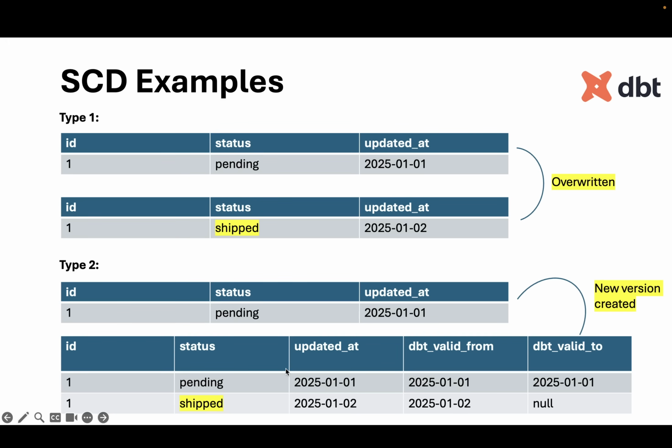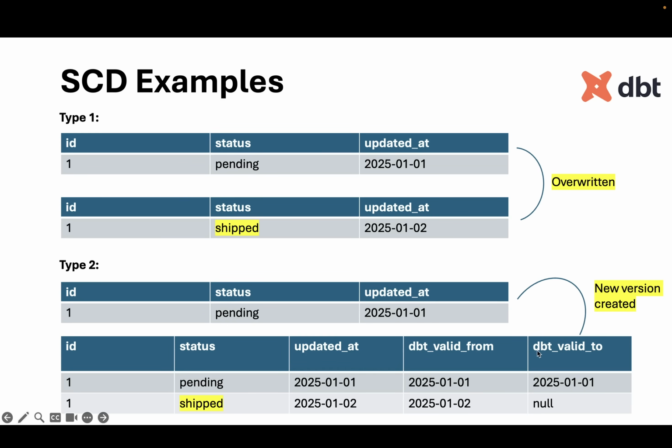When you run the very first time, DBT will create a table for you in your target database, and it also adds additional tracking fields. Two of the tracking fields that will be created in your snapshot table are DBT valid from and DBT valid to.